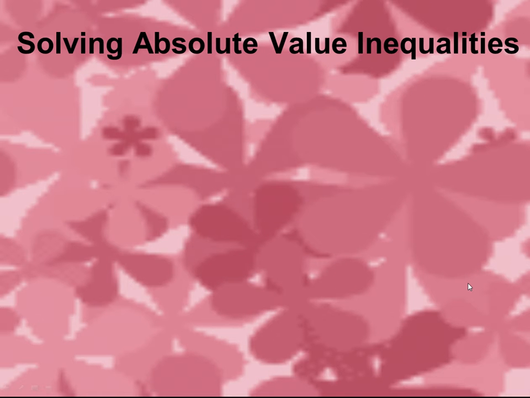Okay, so what about inequalities? Now inequalities, the good news is it's the same kind of stuff, okay? But we have to keep track of which kind of inequality gives us which kind of result. There are two possibilities. We're going to look at expressions like in case number 1 here, where we have the absolute value of some x stuff is less than a number, or we could have a case where the absolute value of some x stuff is greater than a number.